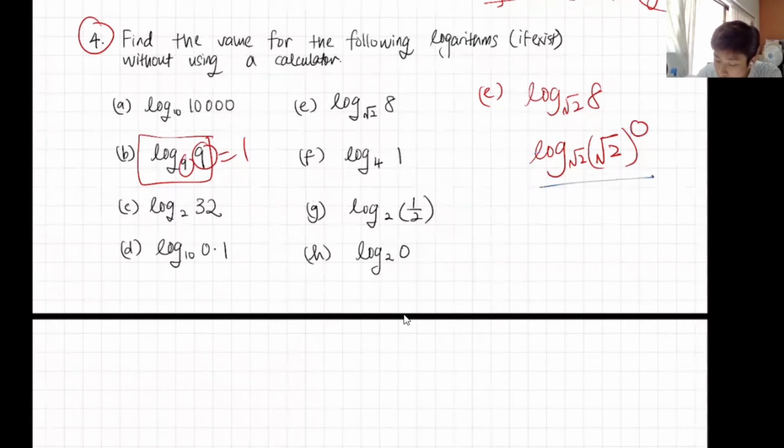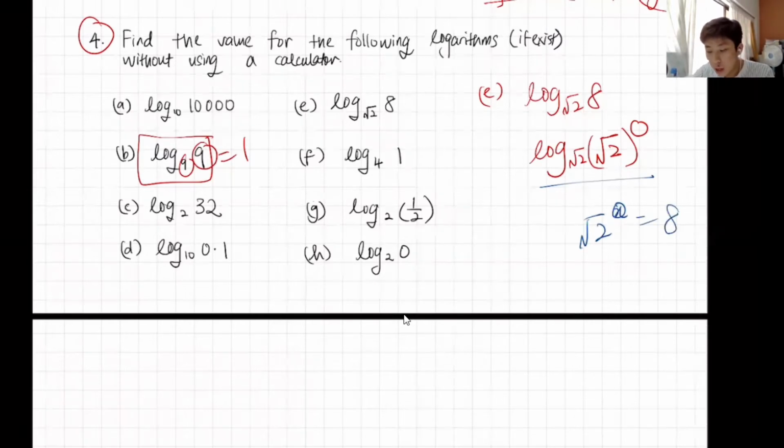So what I will do is that you must think now. Square root 2 to the power of what will give you 8? Think of it. One way you can do it is, you let this be x.